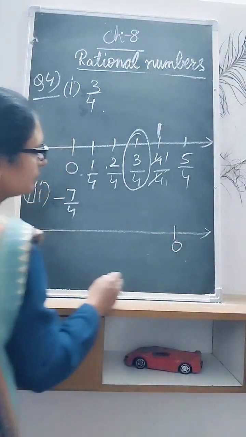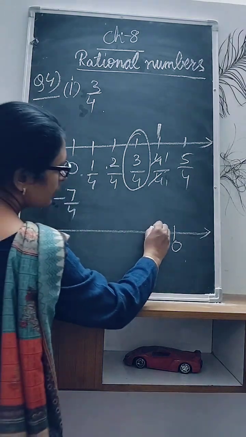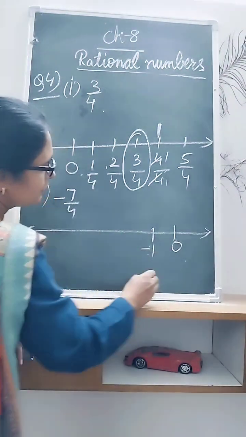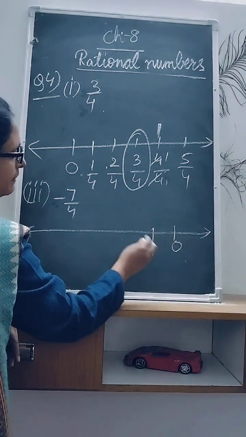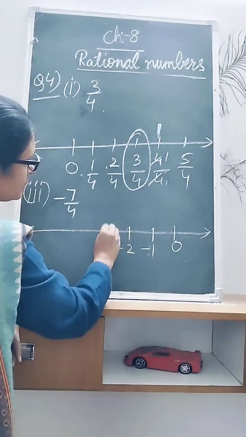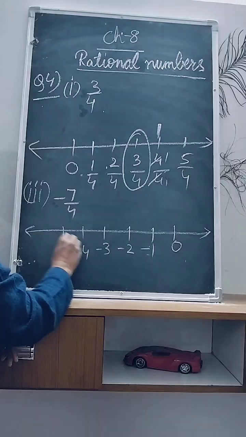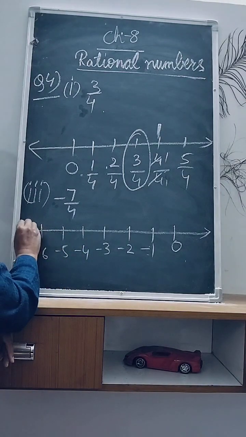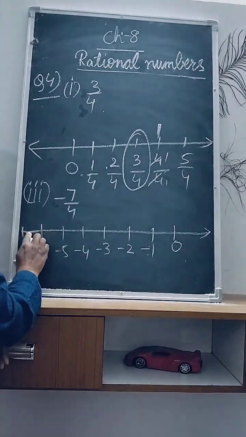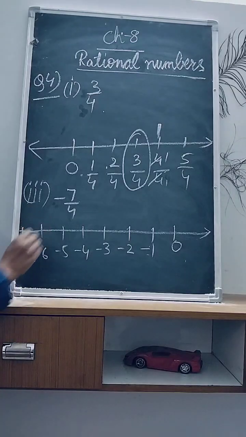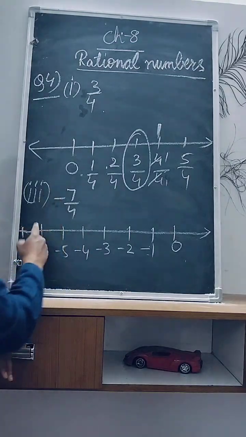We take regular intervals on the left side of 0. Intervals should be the same, okay, means the gap. Minus 1, minus 2, minus 3, minus 4, minus 5, minus 6, minus 7. Take minus 7.